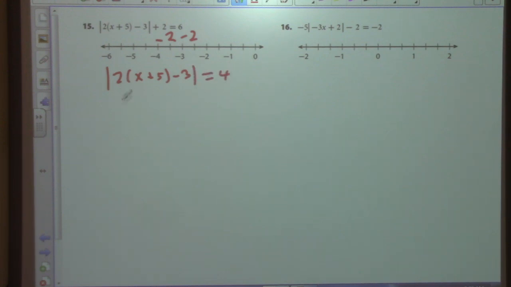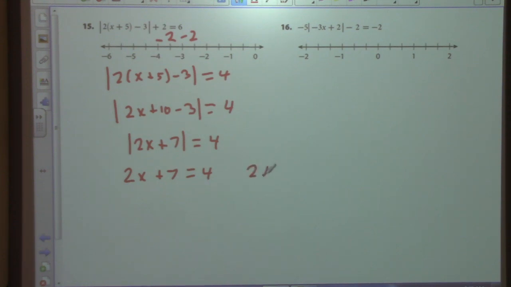And then we have distributing, we have 2x plus 10 minus 3 is equal to 4. And then we have 2x plus 7 equals 4. And then also 2x plus 7 equals negative 4. And you solve these equations.